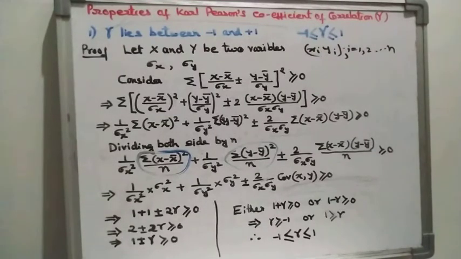Now, if this rho value is 1, it means x and y are positively related and there is a perfect positive relationship between the two variables x and y. And if rho is minus 1, it means there is a perfect negative correlation between the two variables.